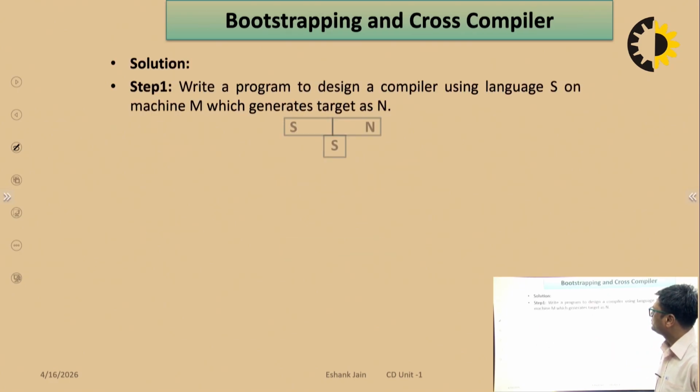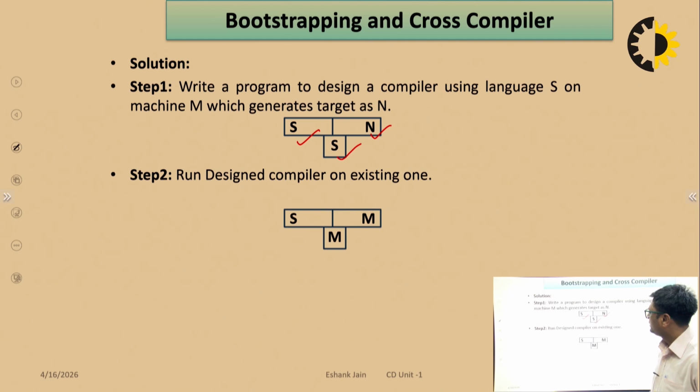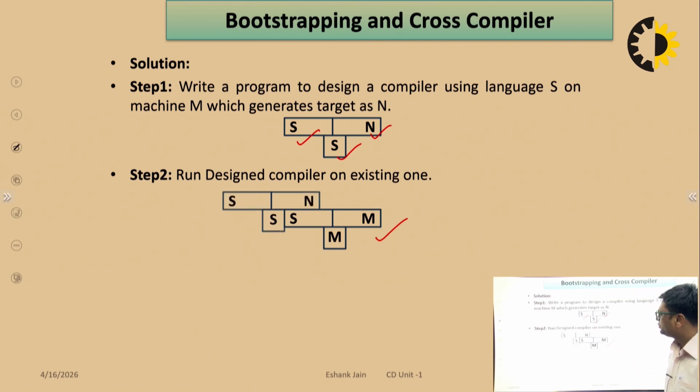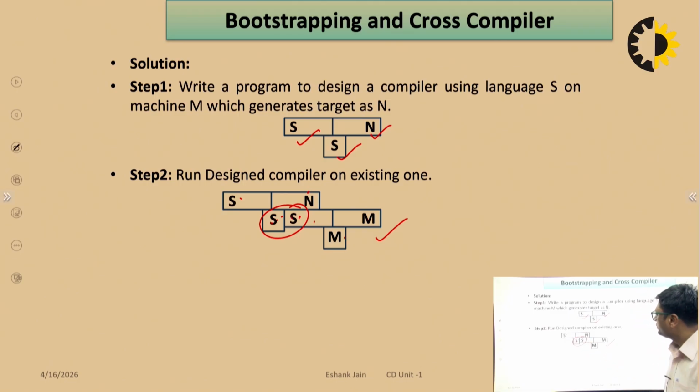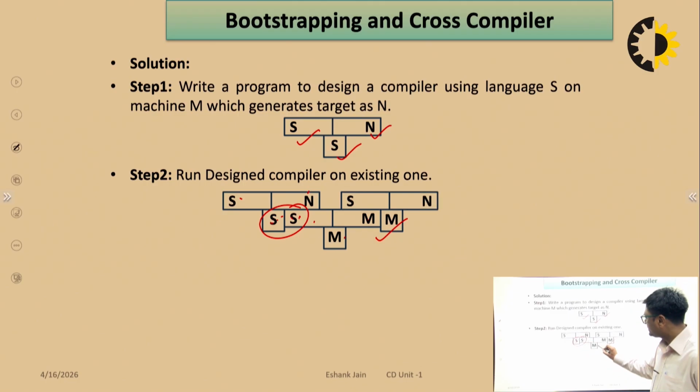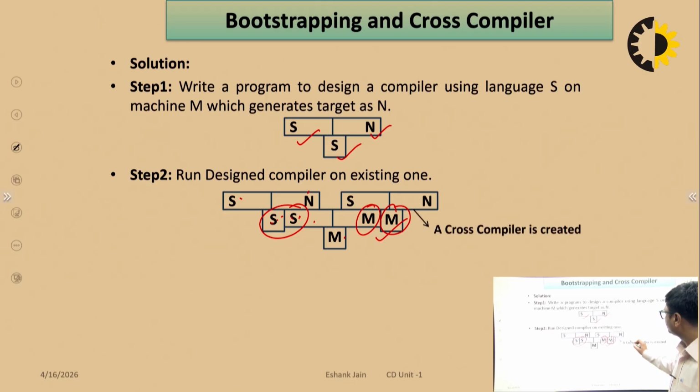So S S N, we have used a similar type of implemented language for the second machine, S M M. So this M will be used for this M, and a cross compiler is created.